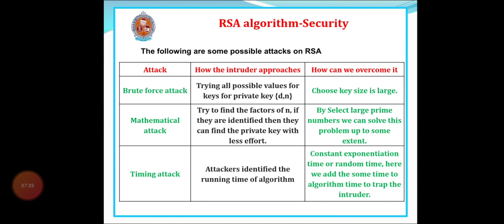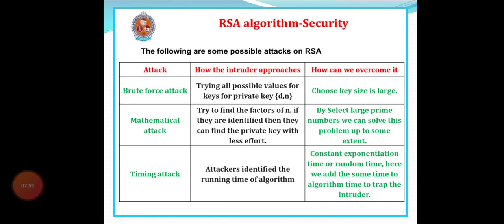Now coming to the mathematical attack, the attacker tries to find the factors of n. If they are identified, then the attacker can easily identify the private key with less effort. To overcome this, we have to select two large prime numbers. So by selecting large prime numbers, we can solve the problem up to some extent.